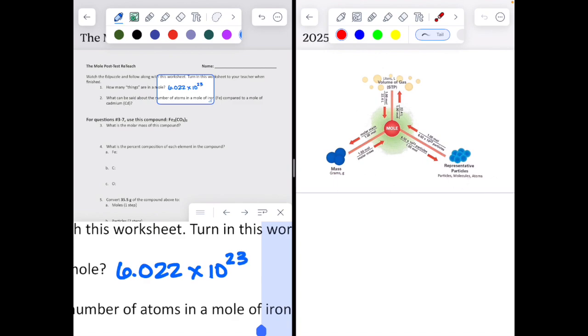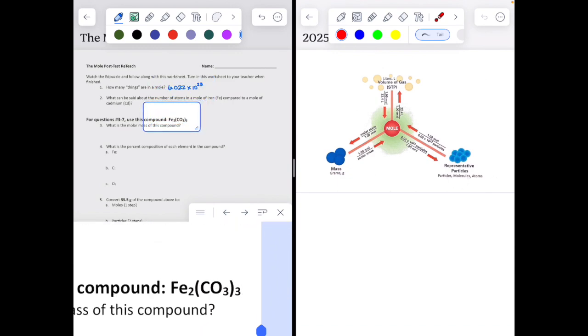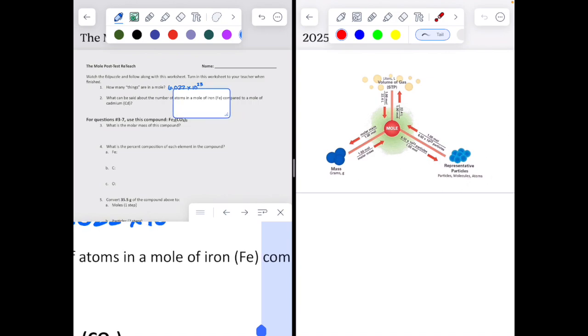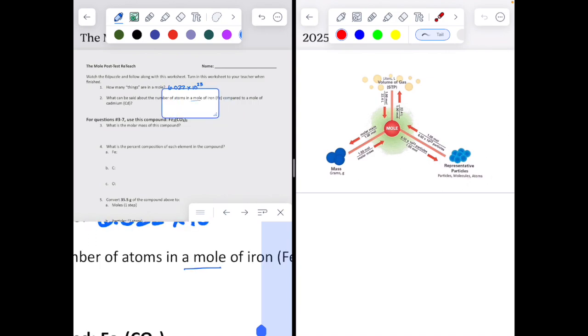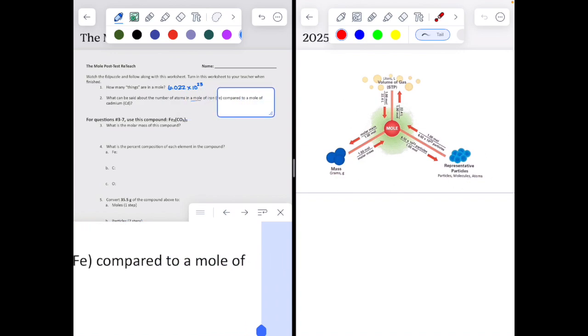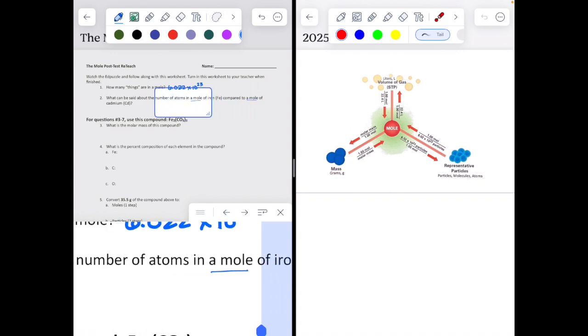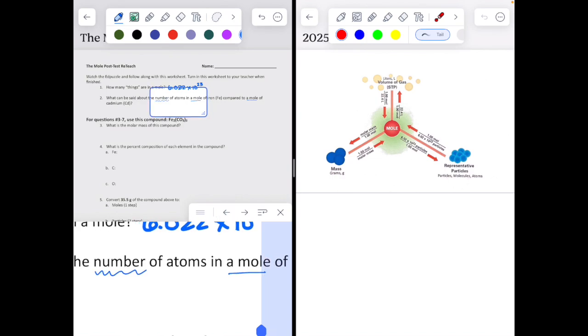All right, the next question is, what can be said about the number of atoms in a mole of iron, compared to a mole of cadmium? And we're thinking about the number of atoms when we compare those two things.